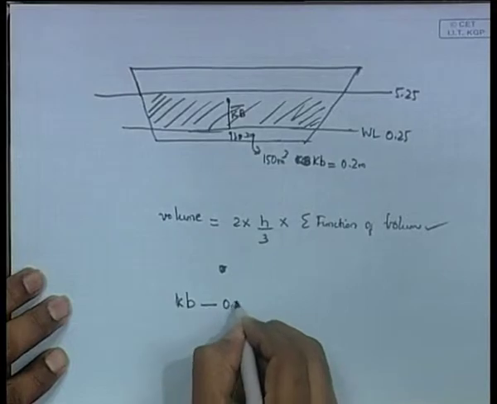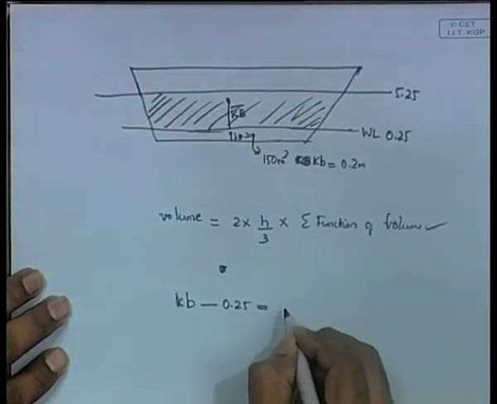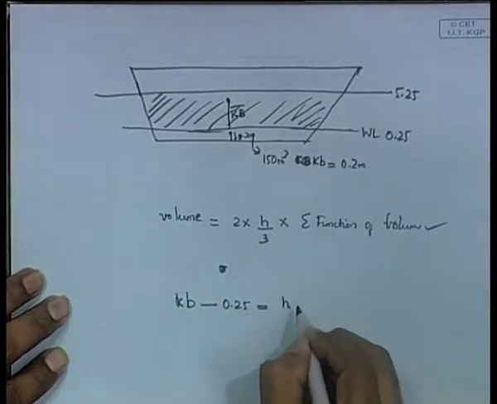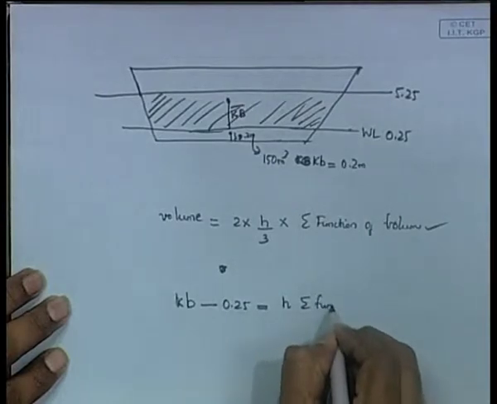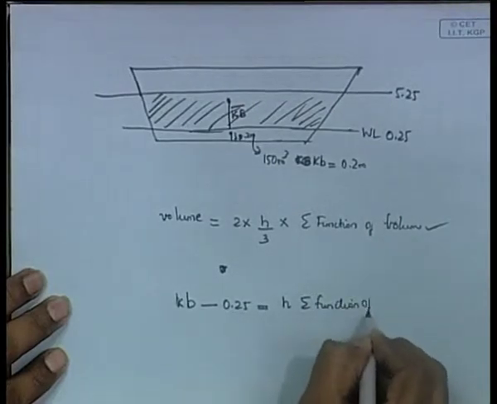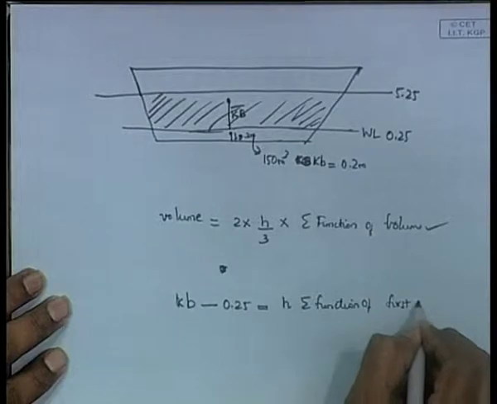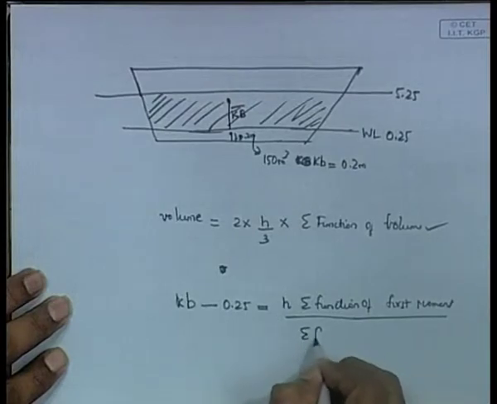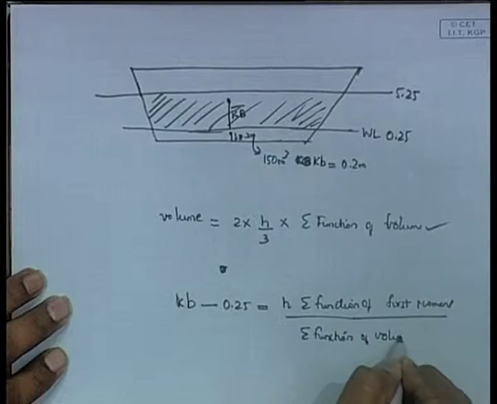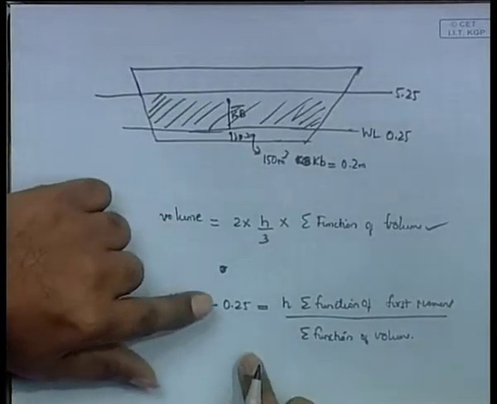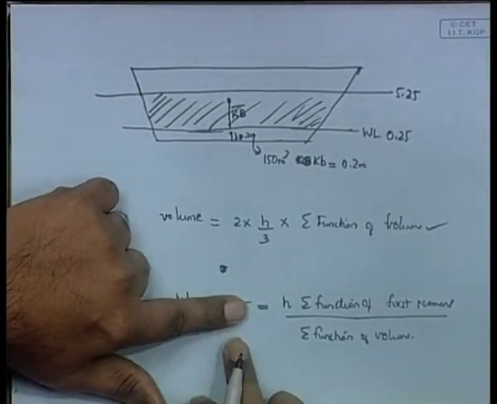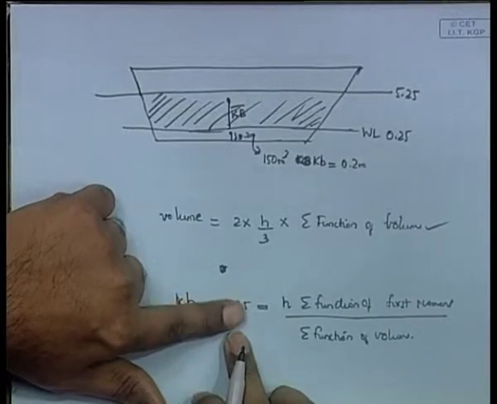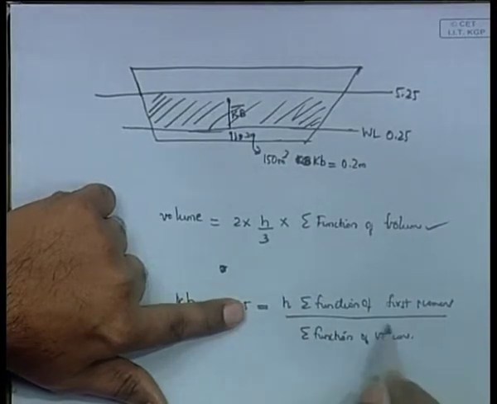Kb minus 0.25 will be equal to h into sigma function of first moment divided by sigma function of volume. The right side is obvious. Let's say that we are finding the Kb here. The Kb is equal to h into this. I think that is obvious, no?